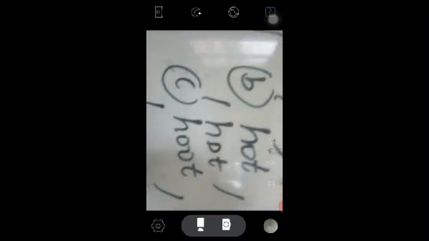Then U and R come together to give you a sound with the two dots, and T, hurt. No, that's not going to be our answer, and we're looking for the sound uh. Now you have H-O-T, hot. No, still not our answer.